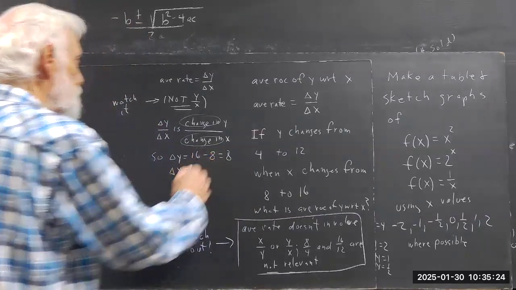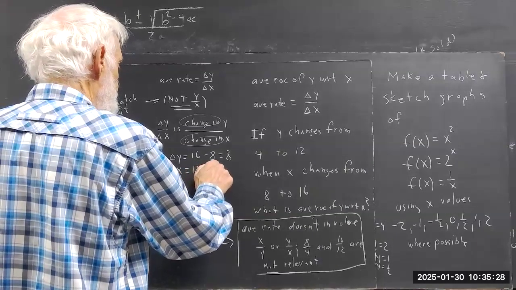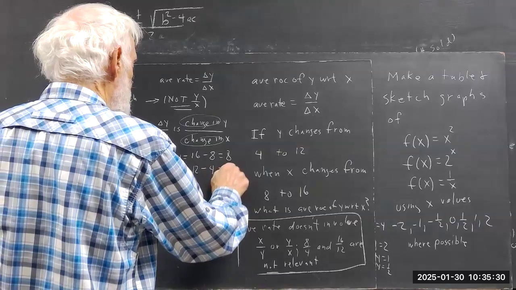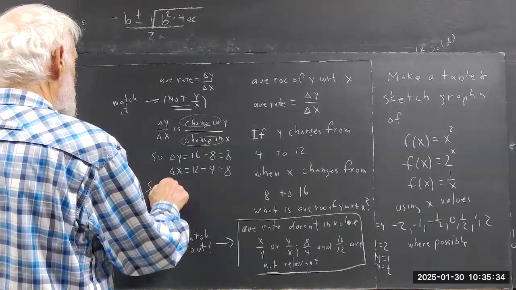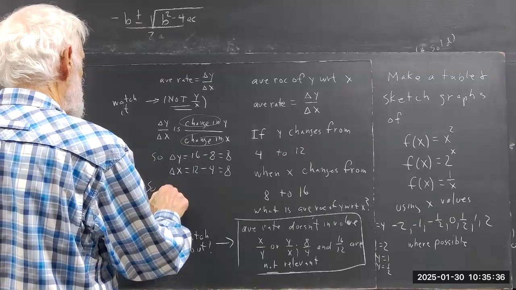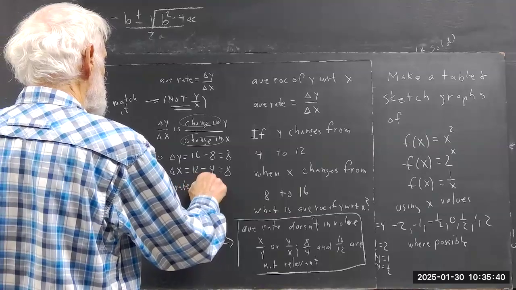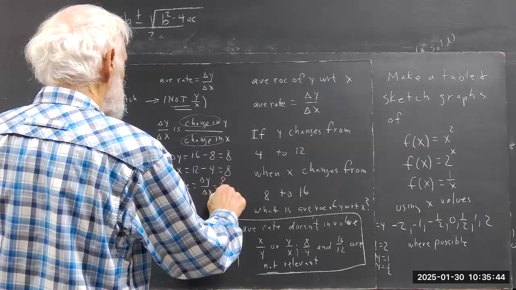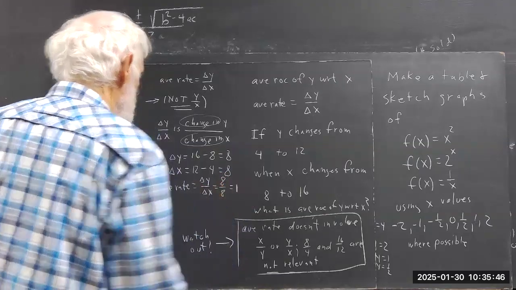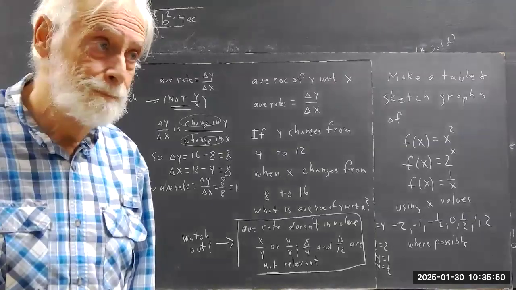And you break it down in steps. There's your average rate, which in this case is just 1.